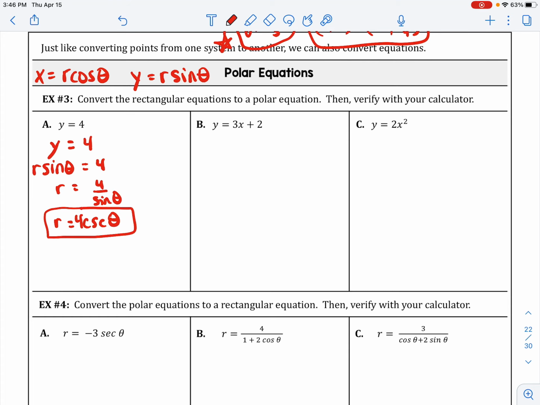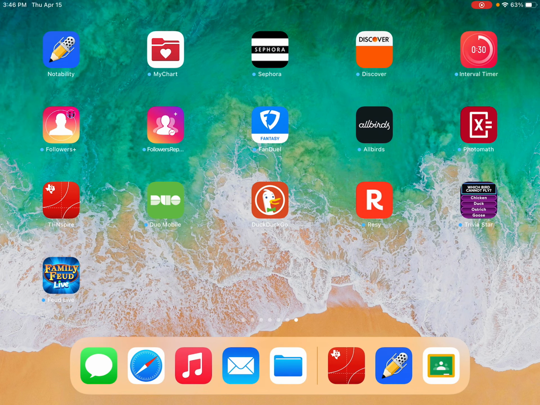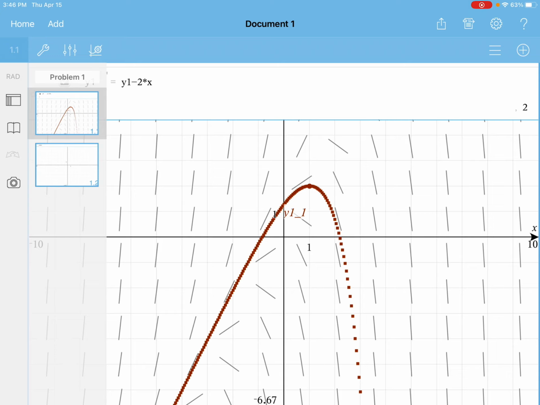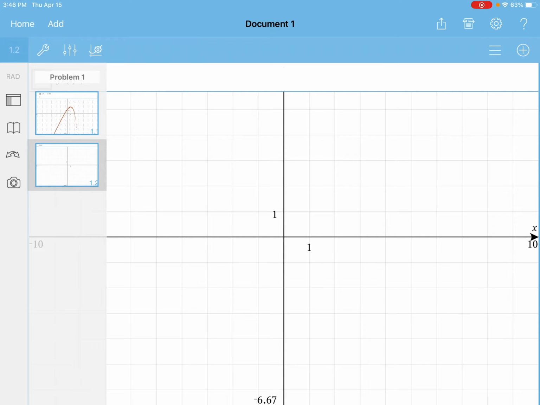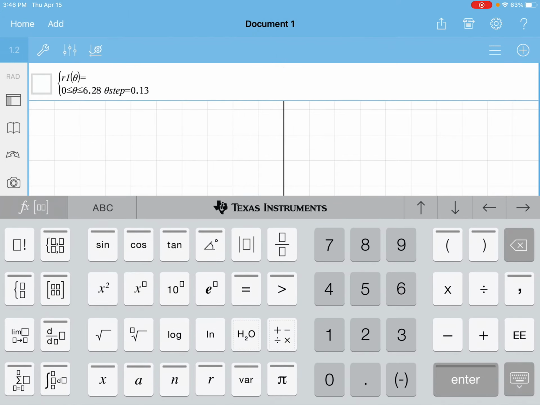And what we could do now, I'm going to go over to my graphing calculator. I'm going to pull up a polar coordinate. Look at that polar coordinate. You can do this with your TI-84 also.